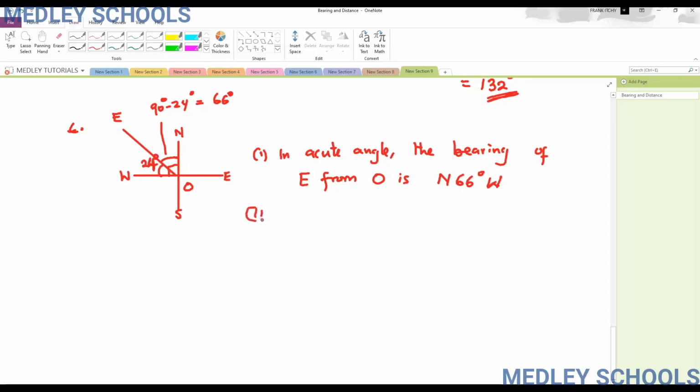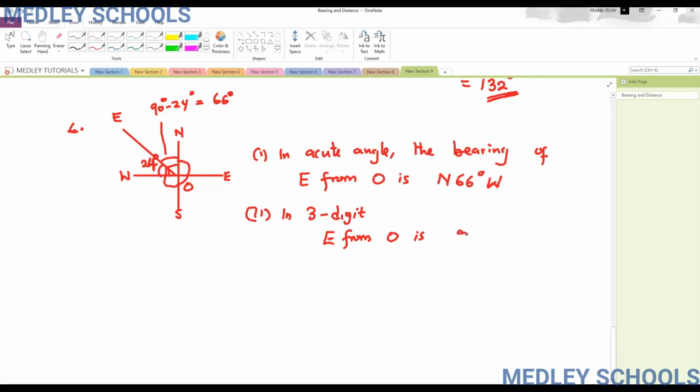Now in 3 digits, the bearing of E now from O is, we are going to read it from north. Remember, clockwise direction, that is from here down to the line. From here to here is 90 degree.